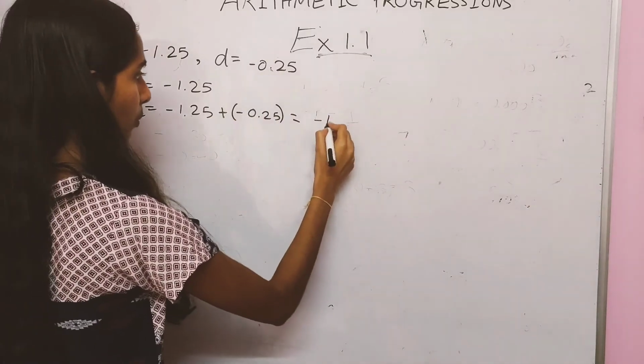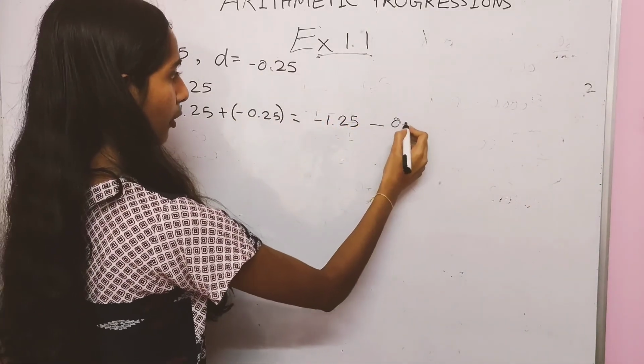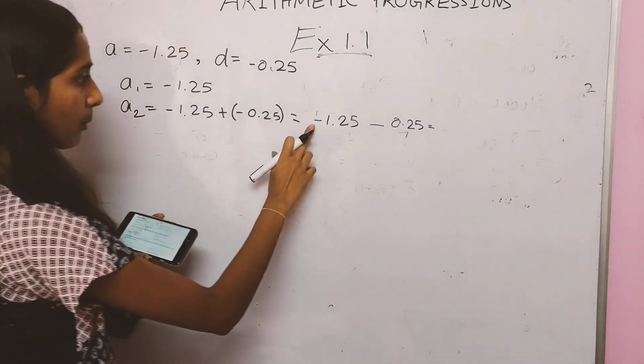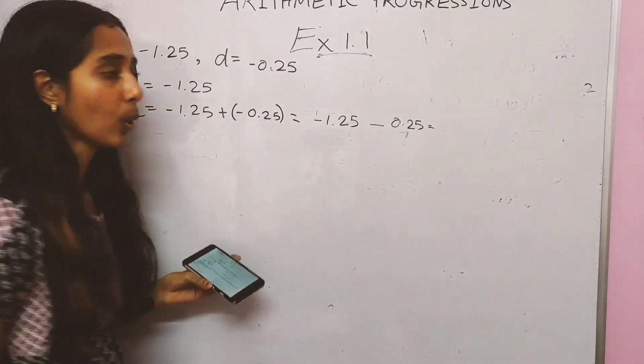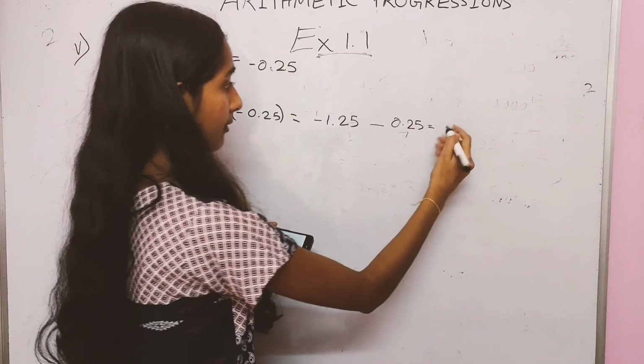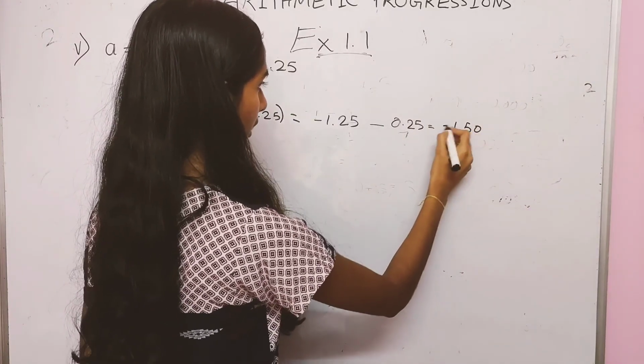So -1.25 plus into minus 0.25. When the symbols are same, minus and minus, we need to add -1.25 and 0.25. You get 1.5, sign of the greater number.